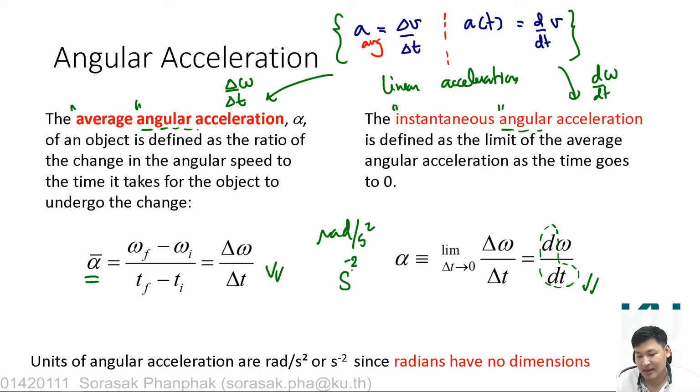You can write it like this: second to the minus 2. Whether you have radian per second squared or per second squared as a unit, it's okay for the angular acceleration, whether average or instantaneous.